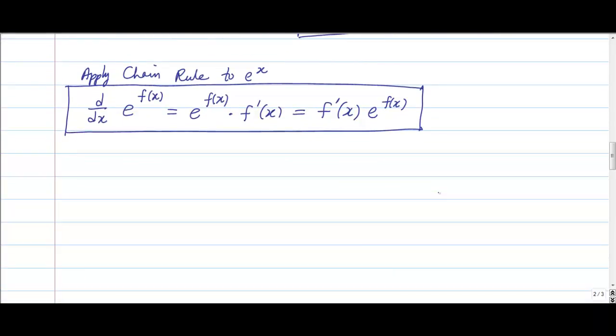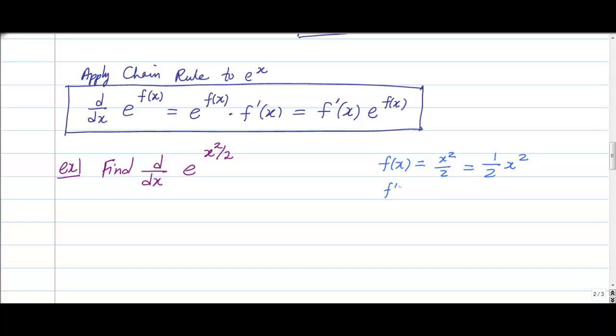Let's do some more examples. Find d over dx of e to the x squared over 2. Okay, so you can think to yourself, f of x, if I'm applying this chain rule here, is x squared over 2, which is 1/2 x squared.